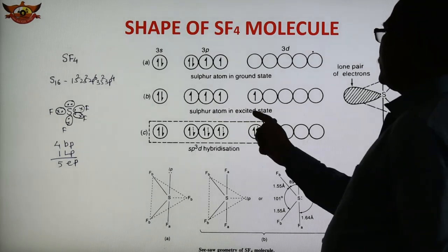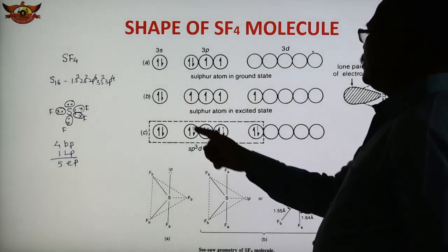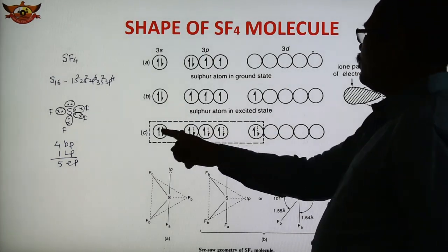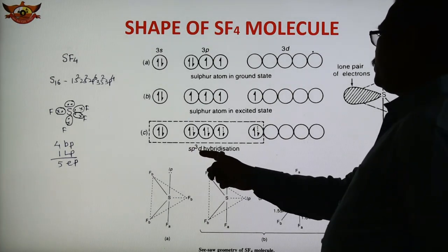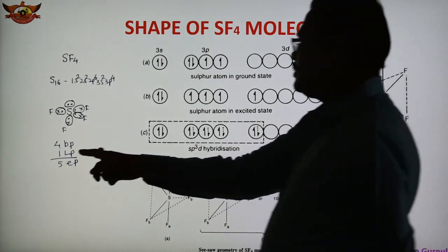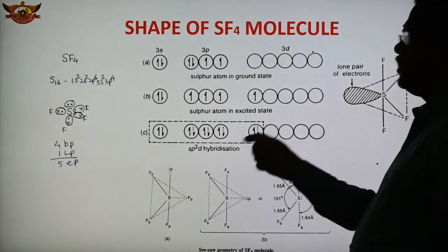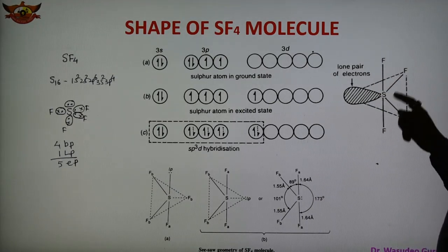Now in the excited state there are 4 unpaired electrons, and 1s, 3p and 1d orbitals undergo hybridization, forming sp3d hybridization. So with 5 electron pairs and sp3d hybridization, the shape of the molecule is trigonal bipyramidal, shown here.